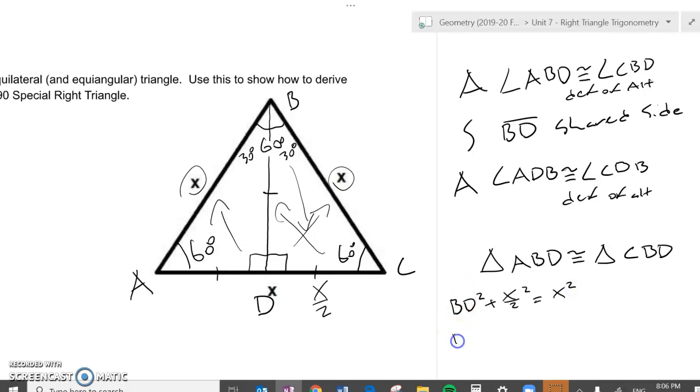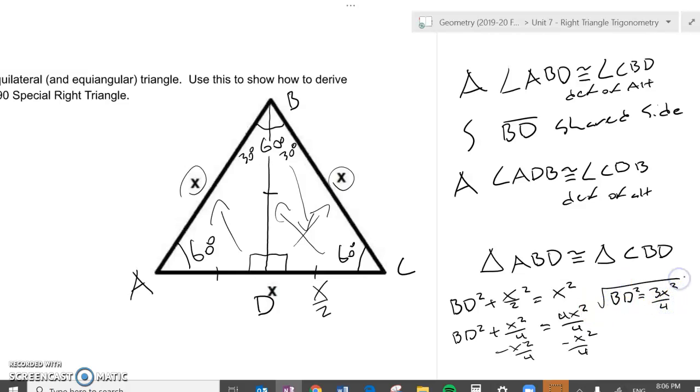The next step, BD squared plus x squared over 4 equals 4x squared over 4, and 4x squared over 4 is the same as x squared. And so now, subtract x squared over 4, and then you finally get BD squared equals 3x squared over 4.